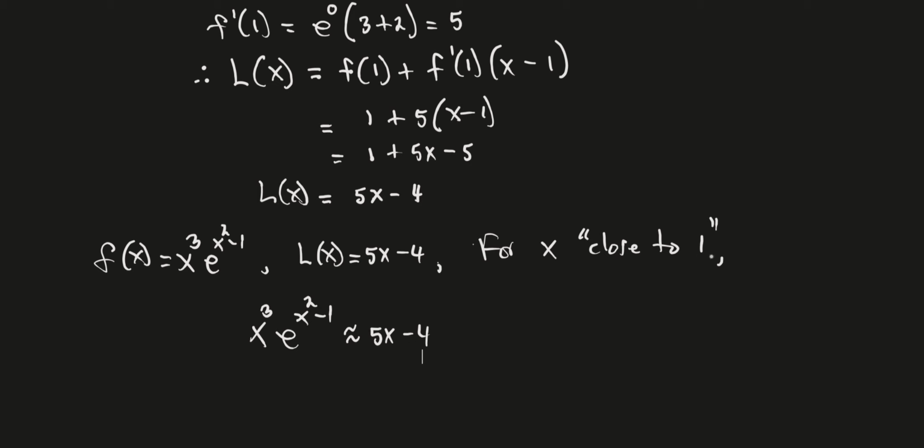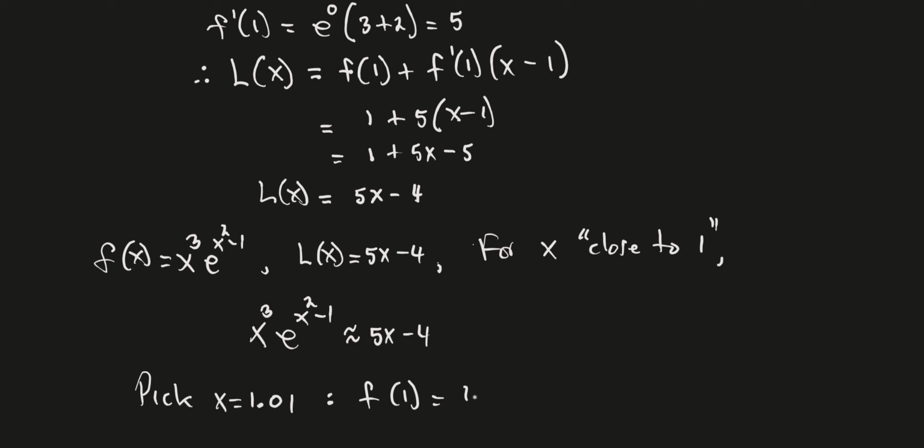Pick a number that's close to 1. So let's try x equals 1.01. That's pretty close to 1, right? Well, let's see what f of 1.01 is. So that's my original function. I'm going to plug this x value in and see what I get.